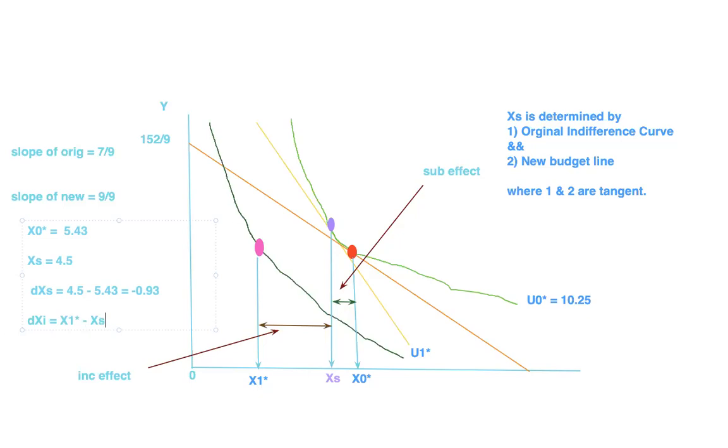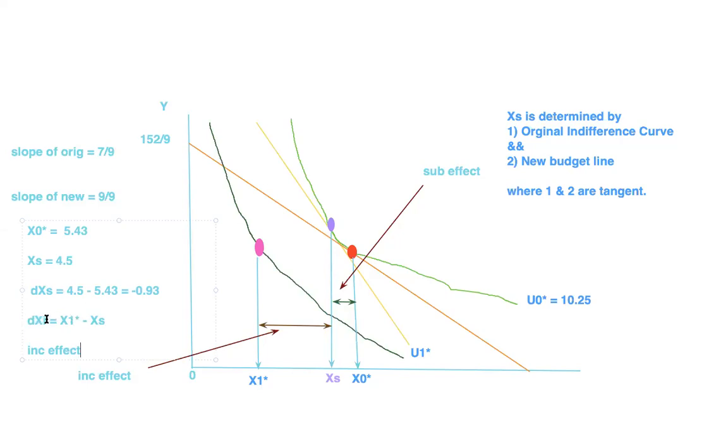Okay. So in this case, if you're going to actually calculate the income effect, it would be D, so that income effect. Not on the purchases.